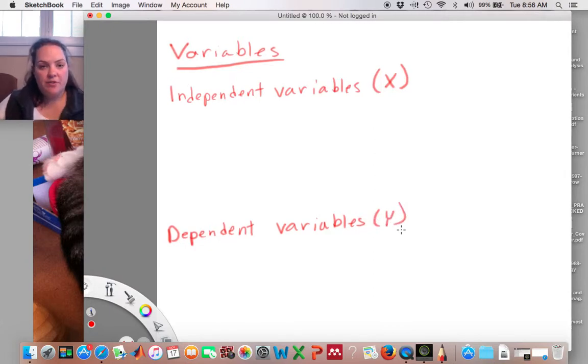So now what are the differences between these variables and what are the similarities? One thing that's really important to keep in mind is that variables, both independent and dependent, can take on either nominal or continuous data types.